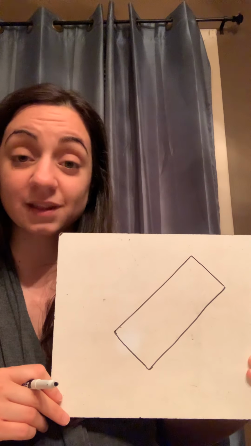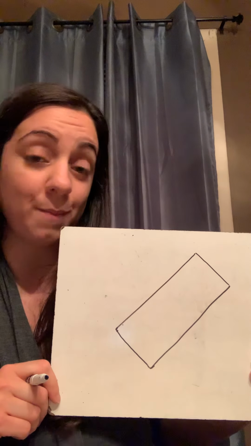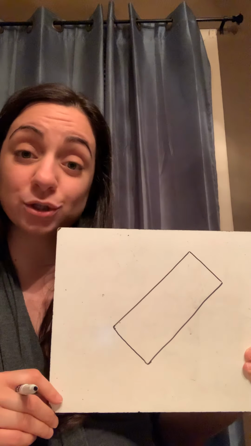Are they open or closed sides? They're closed. How many corners does this shape have? 4. 1, 2, 3, 4. Are the corners right angles? Do they look like the letter L or a backwards letter L or an upside down letter L? They sure do. That means this is a rectangle too.